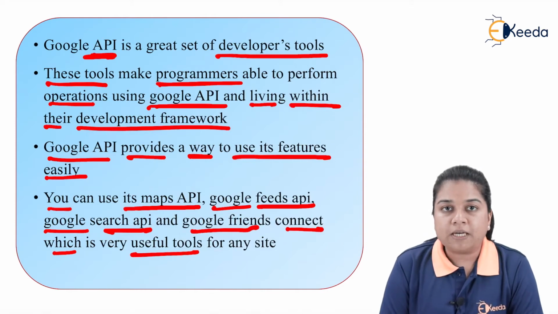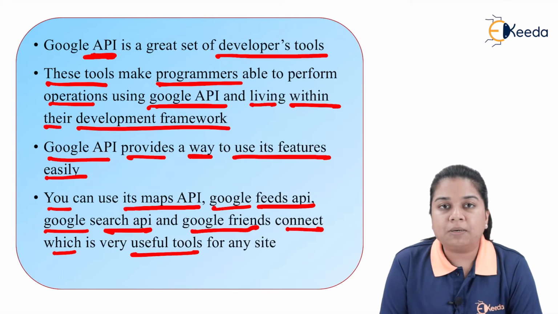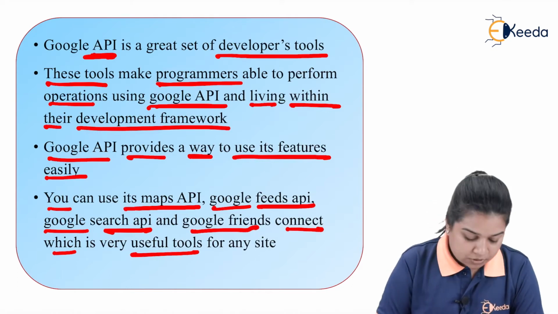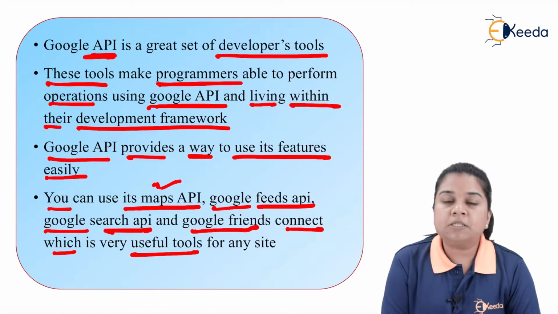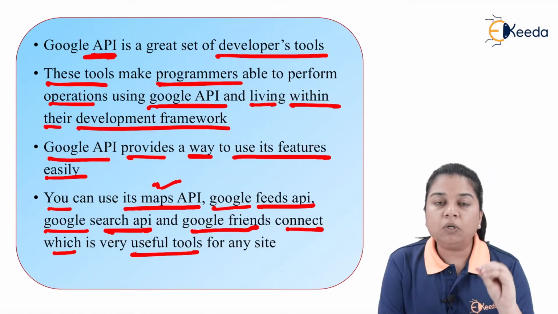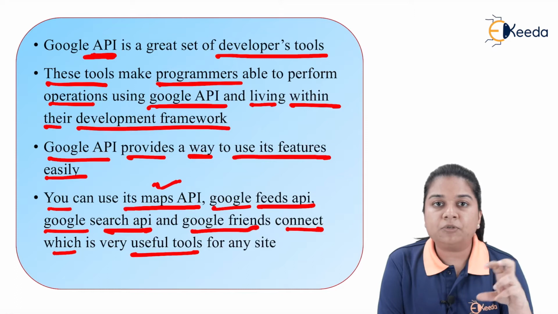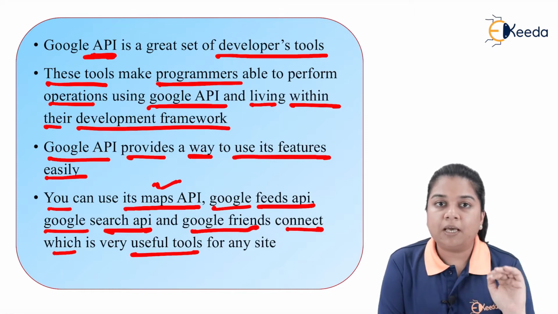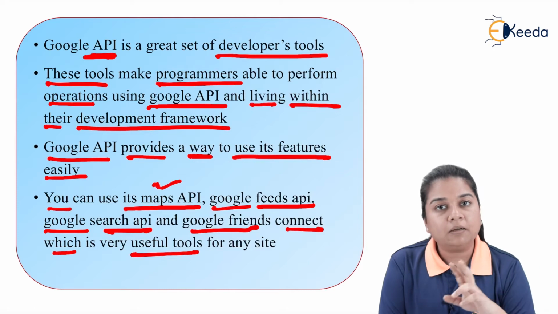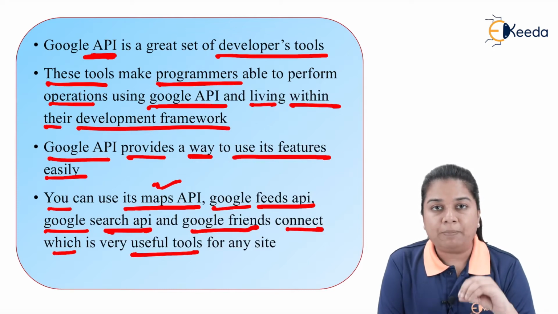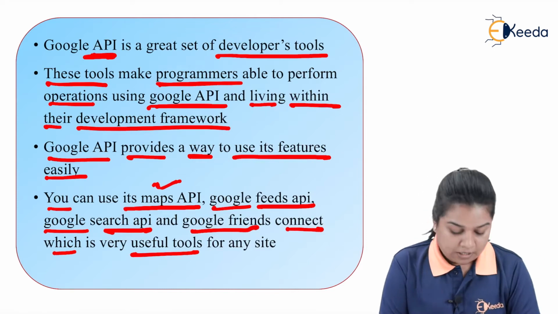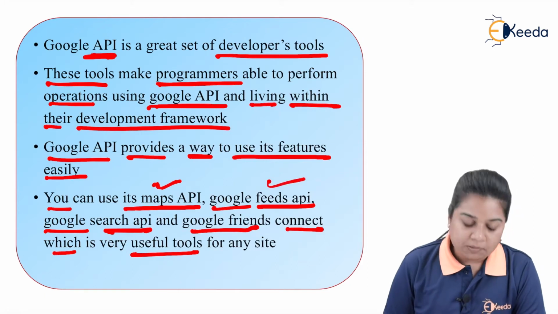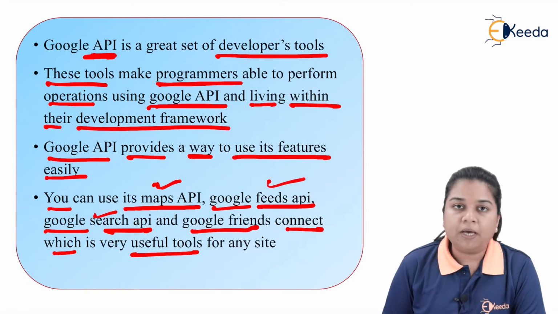If a particular site has to use some maps, then it can use this Maps API. That means it need not create those maps or directions from scratch, rather it can just use the API from Google and merge it into its application and use it. Similarly, Google Feeds API, Google Search API, etc.